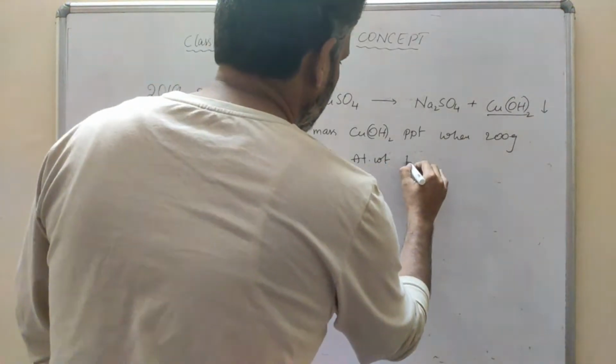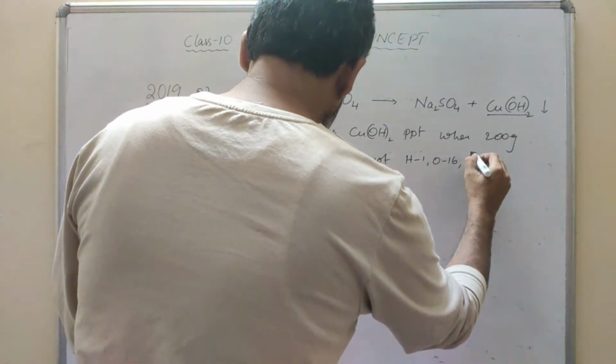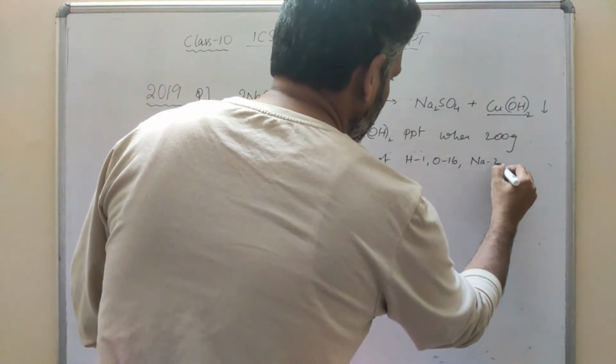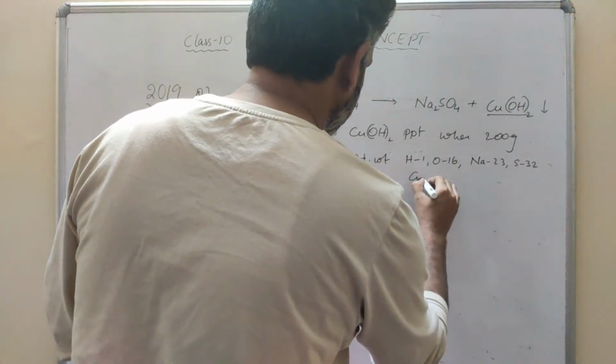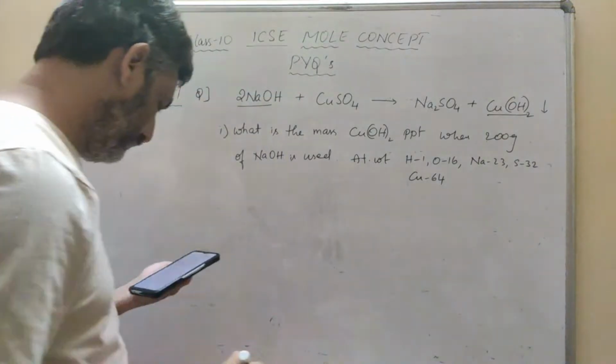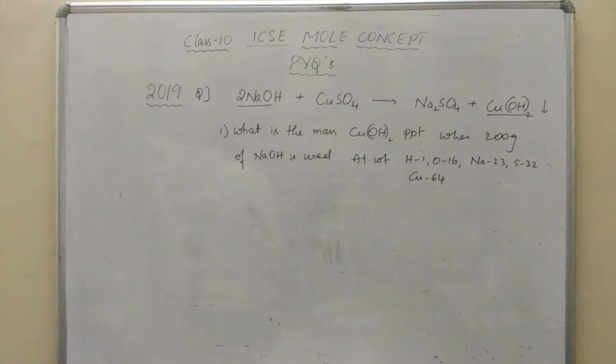Atomic weights: hydrogen 1, oxygen 16, sodium 23, sulfur 32, and copper is 64. So he is asking what is the mass of copper hydroxide precipitate we obtain when you take 200 grams of sodium hydroxide. This is the question.